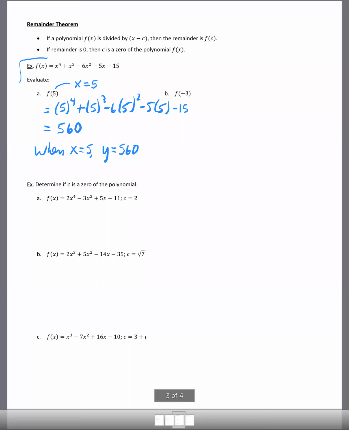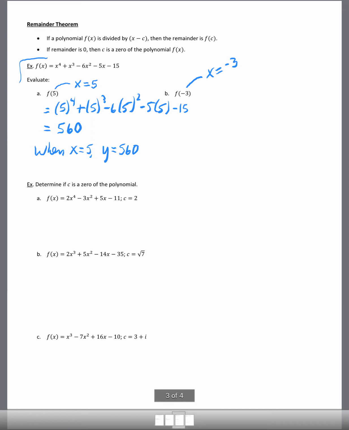Let's do the same thing for the second problem. This time they say to plug in -3 for us. The reason I chose to do another example of this is because when the substitution is a negative number, it's super, super important that you use parentheses around the numbers that you plug in.